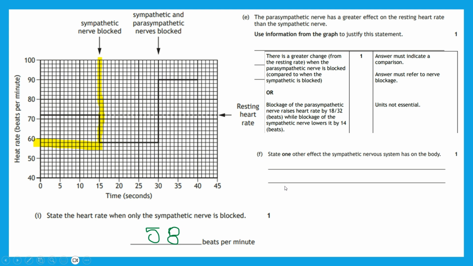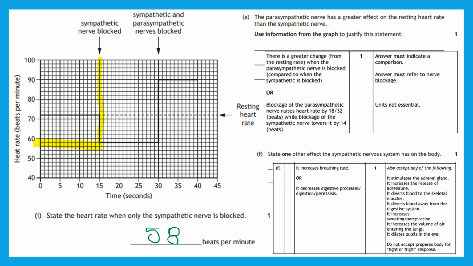And finally, F, you're asked to state one other effect of the sympathetic nervous system on the body. So lots to choose from. So the other two go-to examples that we highlighted were its effects on breathing rate, where it increases the breathing rate, or its decrease of the digestive process, peristalsis of the intestinal secretions.